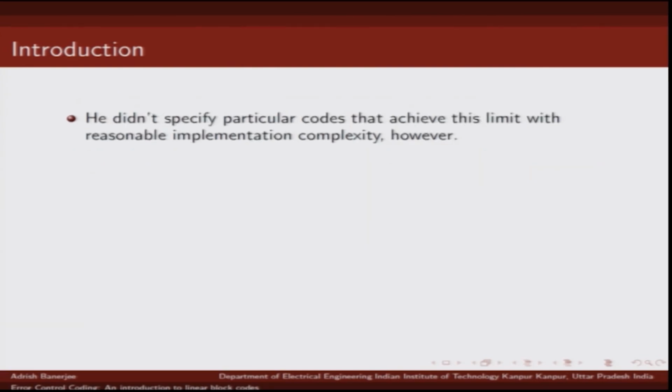Now, in his theorem, Shannon did not specify how to design such codes which have rate close to capacity, and that is where error control coding comes into the picture. The goal of error correcting coding theorists is to design codes which can achieve this limit.